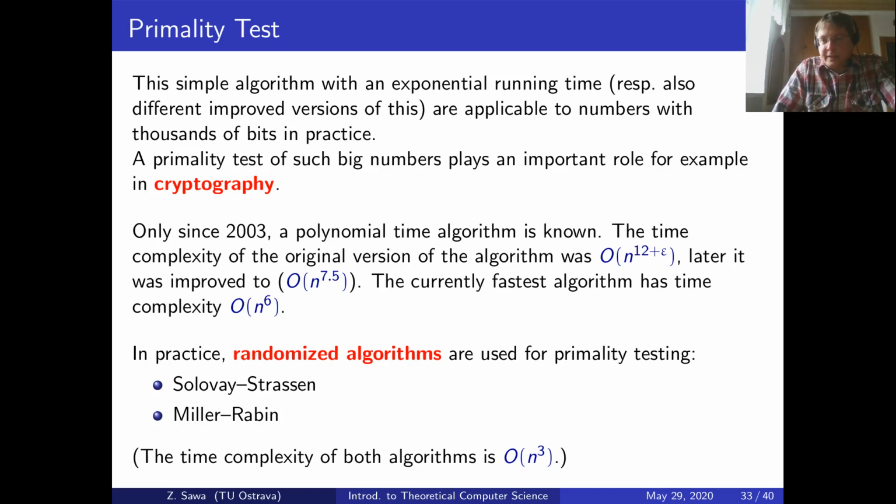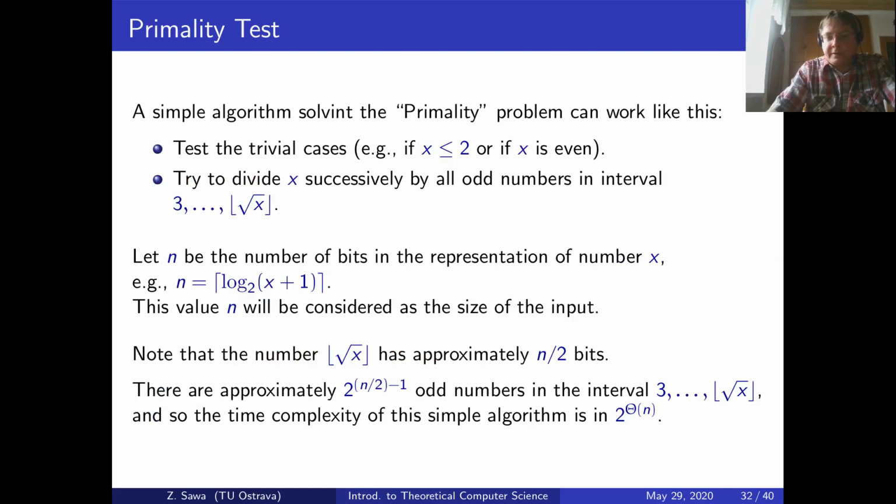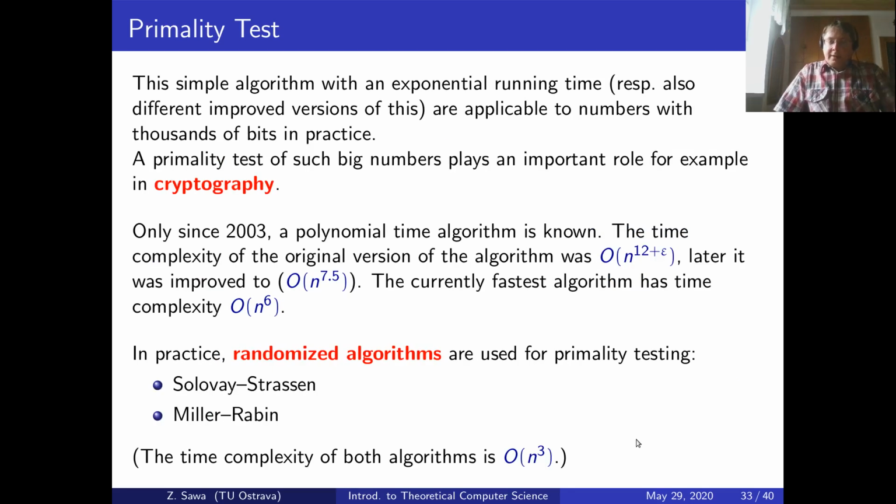It may be interesting to ask whether we could have some more efficient algorithm, some polynomial time algorithm for testing primality. And this problem is, quite surprisingly, difficult. The question was open until 2002, when the first polynomial time algorithm was presented for this problem, and the time complexity of this algorithm was something like n to 12 plus some epsilon, where epsilon is some small constant, so something bigger than n to 12, but it was polynomial.